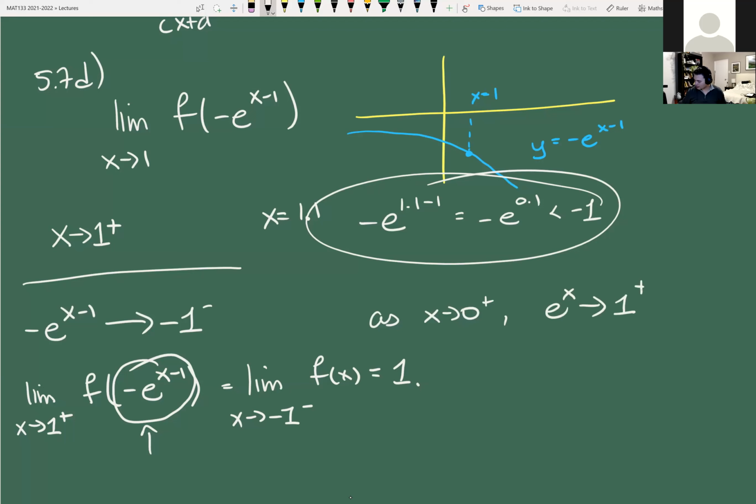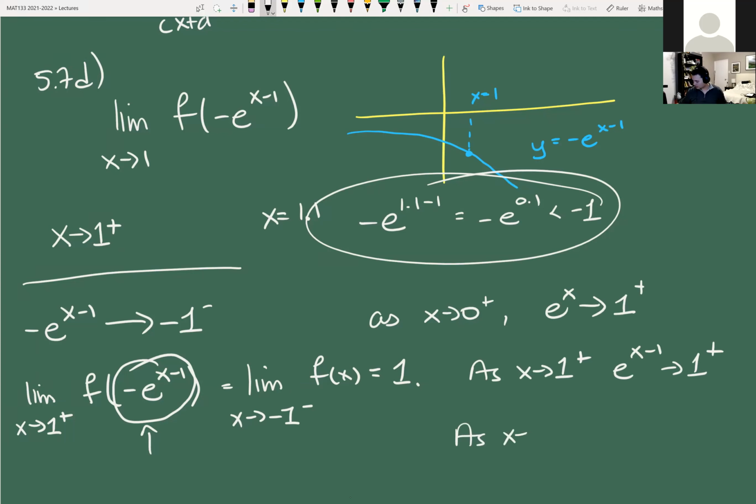And so when we put the x minus 1 in here, that means that as x approaches 1 from the right, e to the x minus 1 approaches 1 from the right. And then when we throw the minus sign in there, we reflect about the x-axis, and that's going to flip whether we're approaching from above or below.